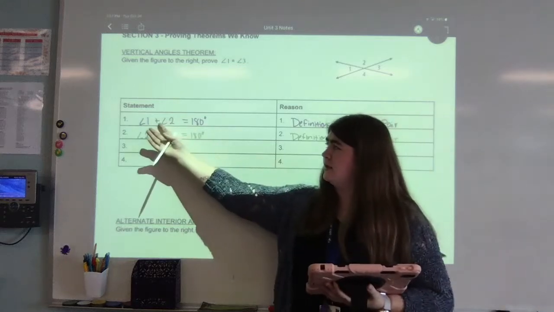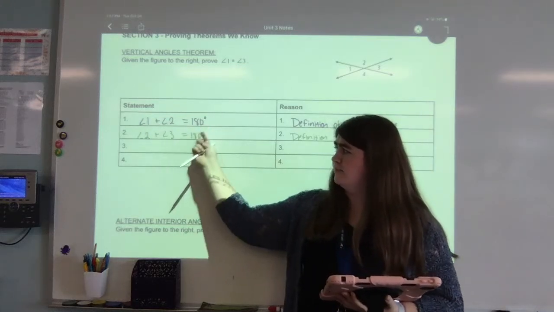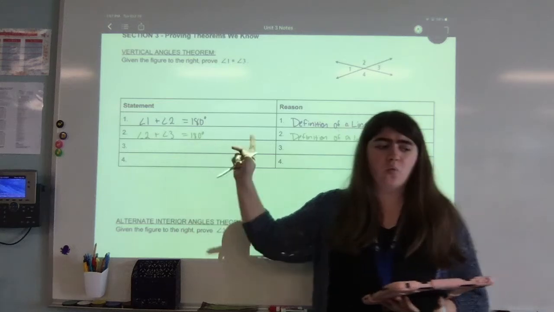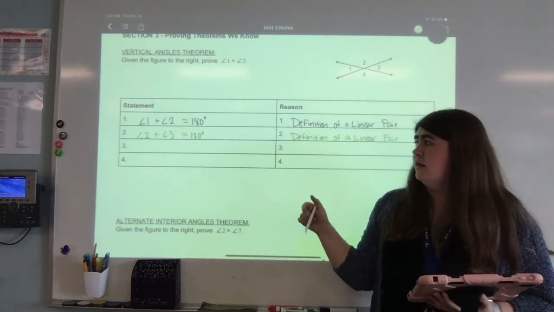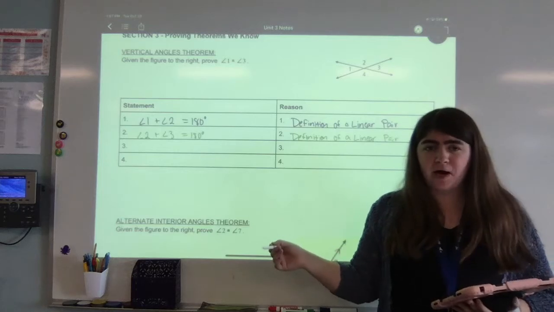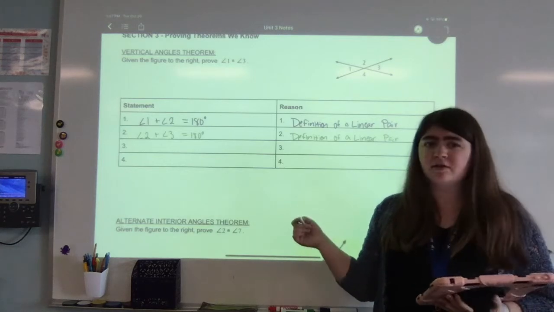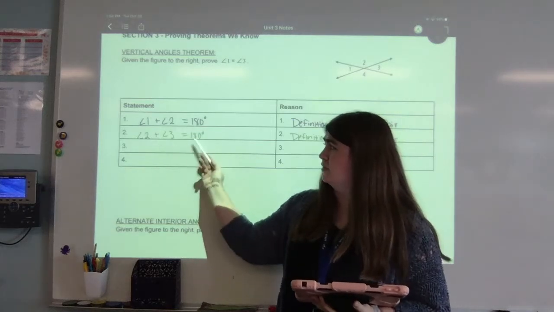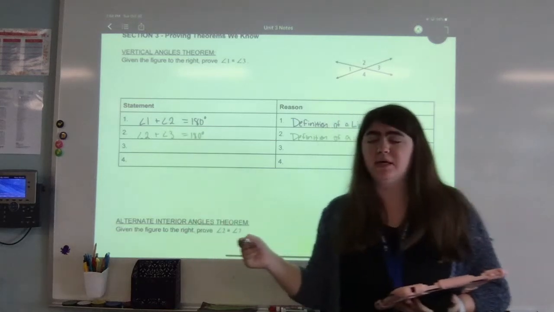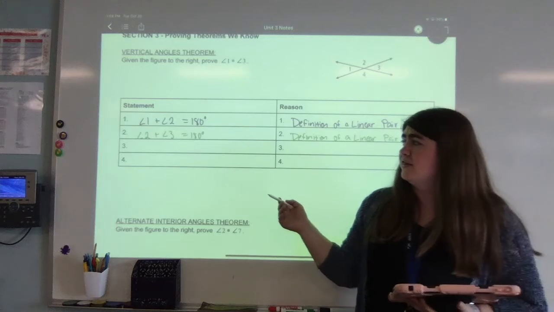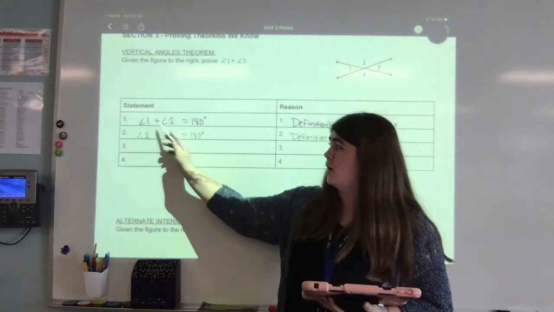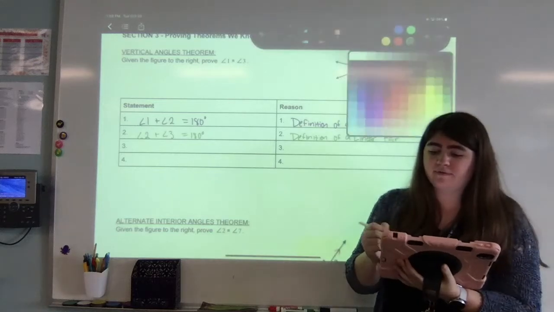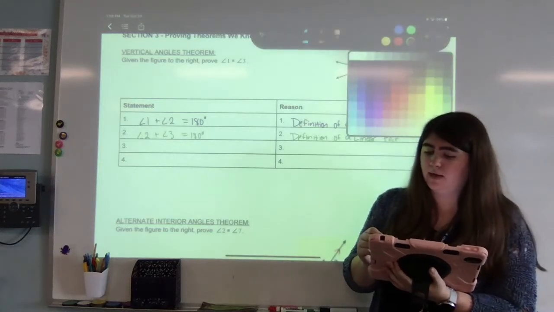If these two things equal 180 degrees, and these two things equal 180 degrees, then what we have right here is what the transitive property allows us to do. The transitive property says that if something has the same value, then those two things must also be equal. So that means that I can write angle 1 plus angle 2 is equal to angle 2 plus angle 3 because of the transitive property. So that's going to be my next line.